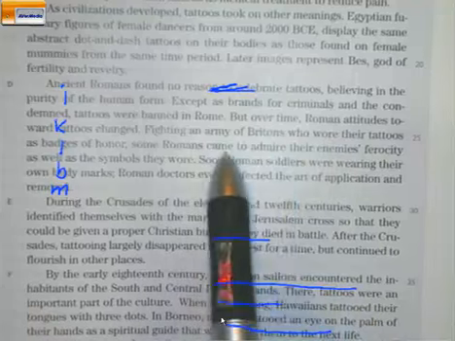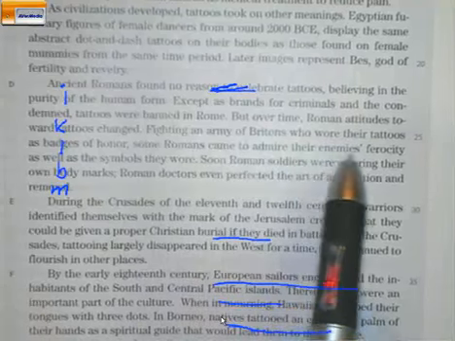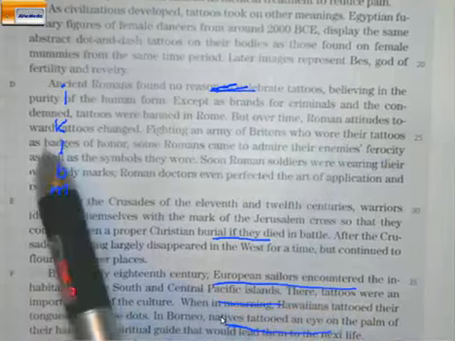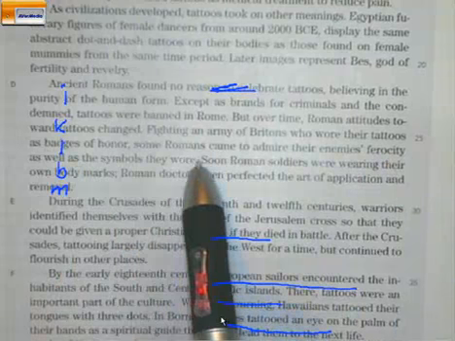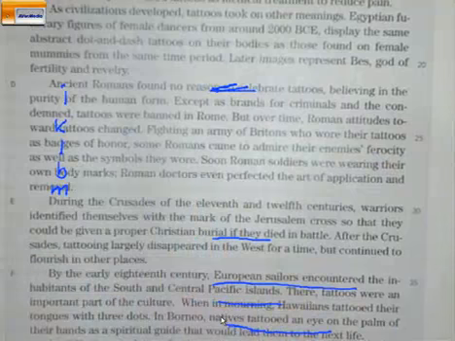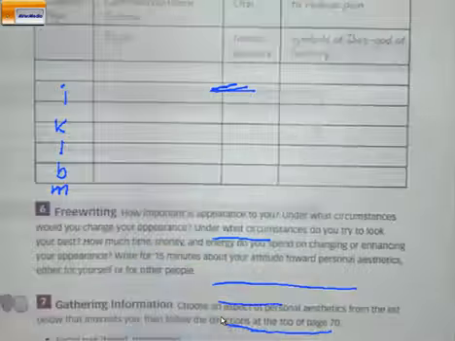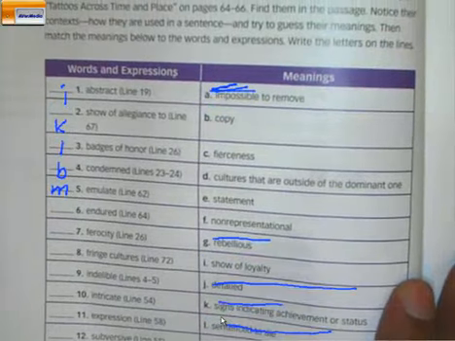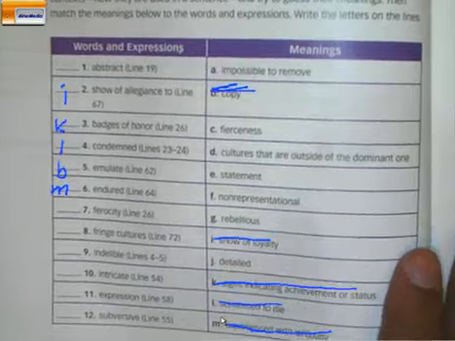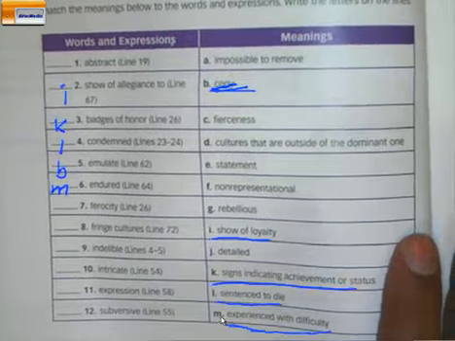Romans came to admire their enemies' ferocity as well as the symbols they wore. Ferocity means showing force. Okay, let's go back.